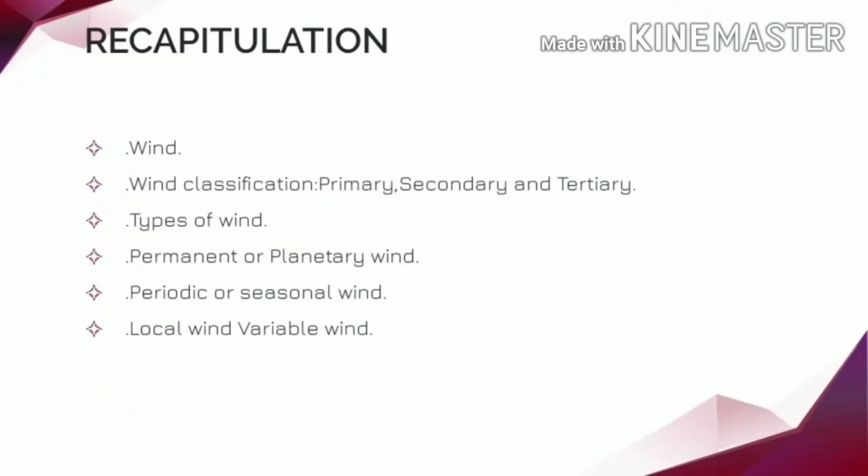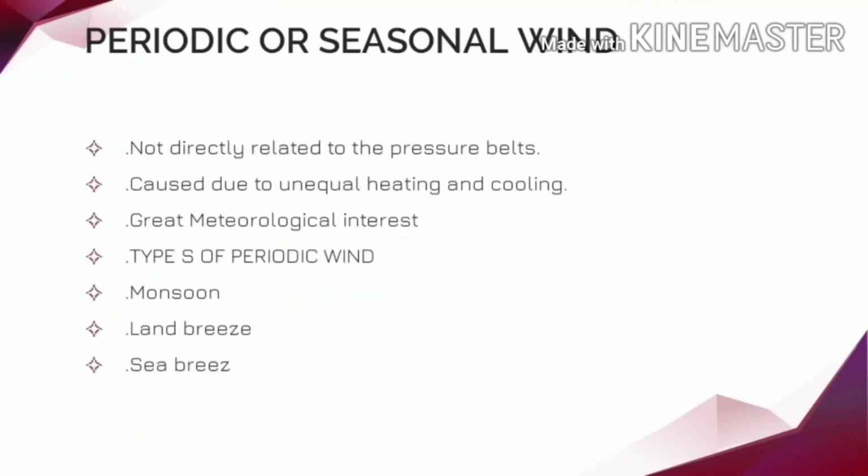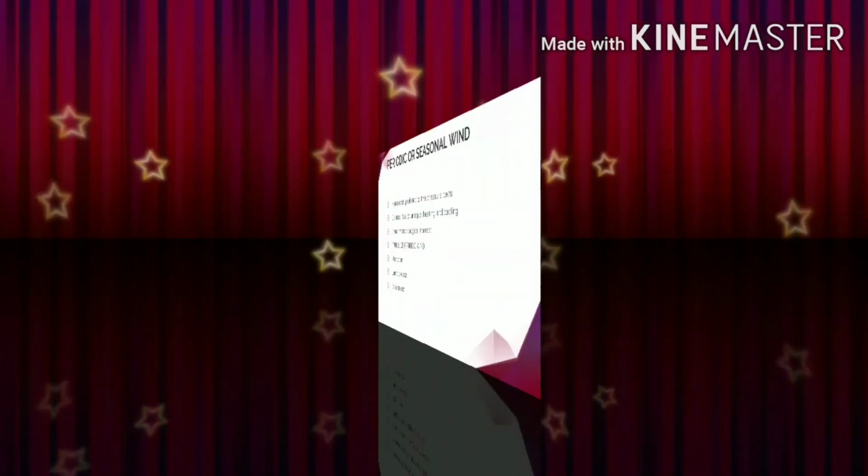The monsoon wind, land and sea breezes are the best examples of the periodic or seasonal wind. Local winds like Chinook, Mistral, Loo, Foehn, as well as nor'westers, are examples of the local wind. Then comes the variable wind. The cyclones and anticyclones that we constantly hear of are the variable winds.